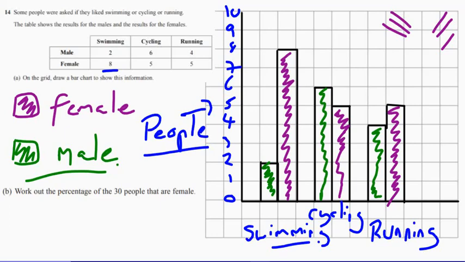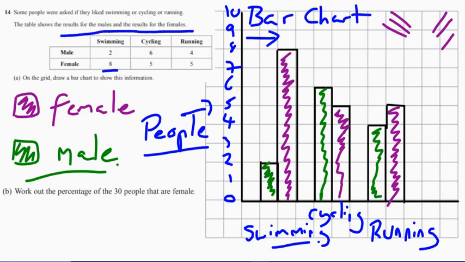It's a dual bar chart, I suppose we should say that. All you've got to do is say what it's to show. So to show the results for males and females, you could just say that. That's fine, but give it some sort of title. As long as it makes some sort of sense, that's absolutely fine.